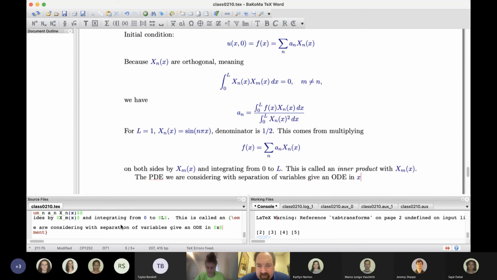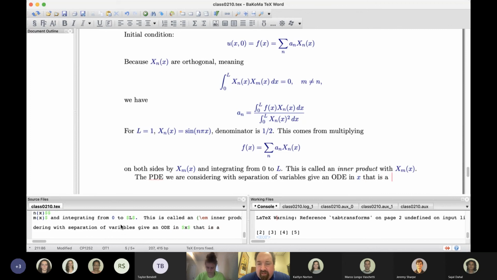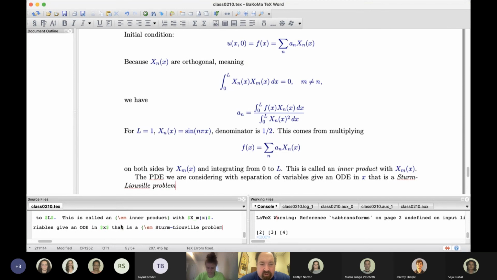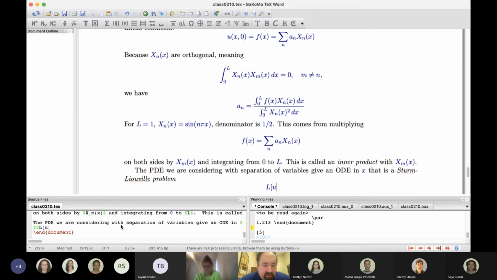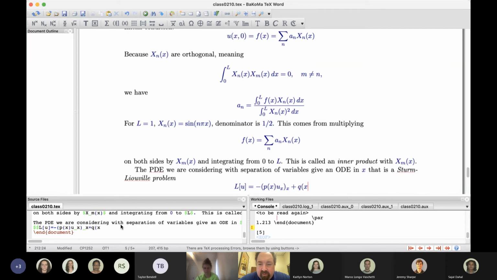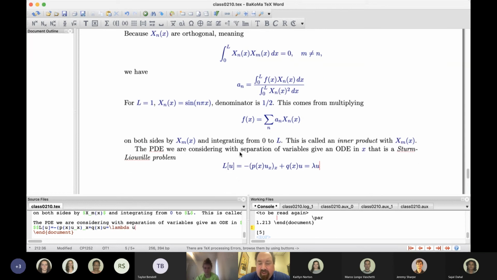The ODE for x is what I'm referring to as a Sturm-Liouville problem, and that's from the prior notes, but I'm going to give it here. It's an ODE of this form. In most cases, Q is 0 and P is a constant, which allows us to get solution formulas for these, but it's anything that fits this form.